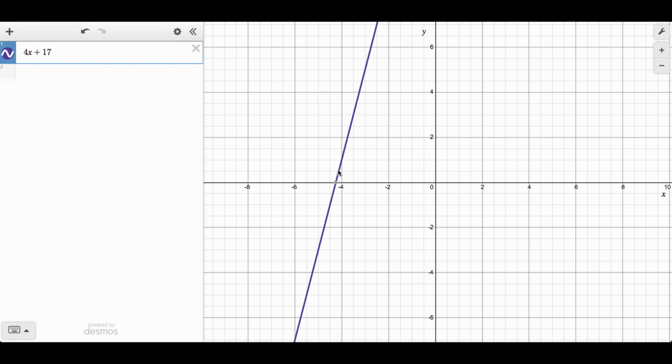So if my x coordinate is, let's say, -4, you can see that y is equal to 1. So let's plug in -4 for x. If we evaluate this, 4 times -4 is equal to -16 plus 17 is equal to our y coordinate, 1. So when x is equal to -4, y is equal to 1.